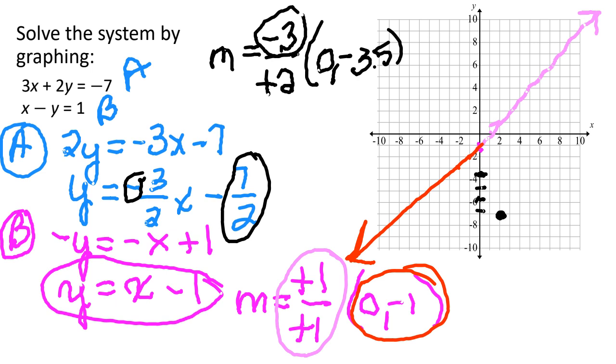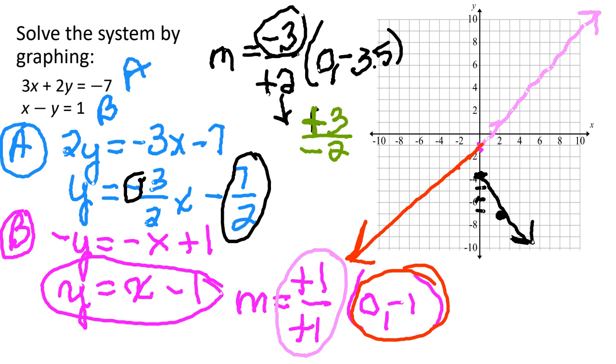Well, this slope has to be done the opposite, which means I'm going up 3, left 2.